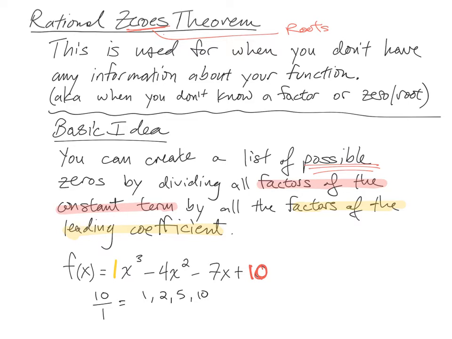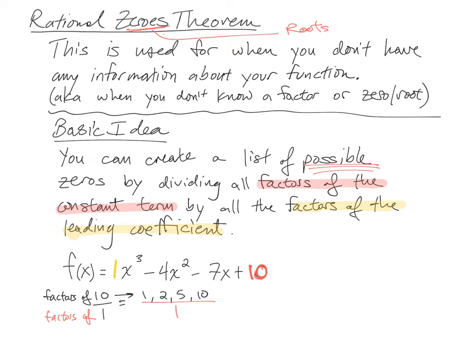So in the top, the factors of 10 are here. In the bottom, we have the factors of 1. Well, that's pretty simple. It's just 1. So what do you do with this? You create a list of numbers.